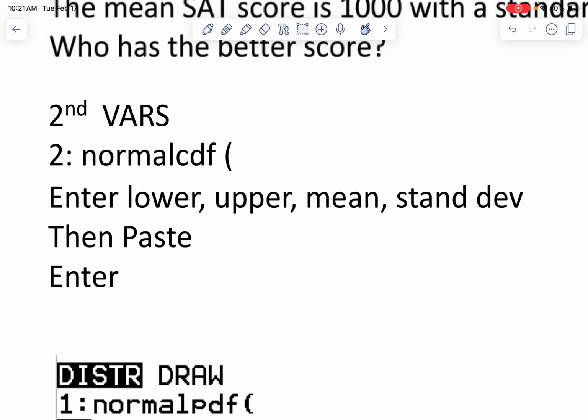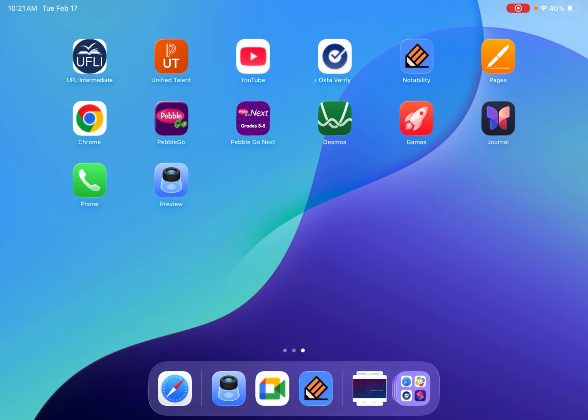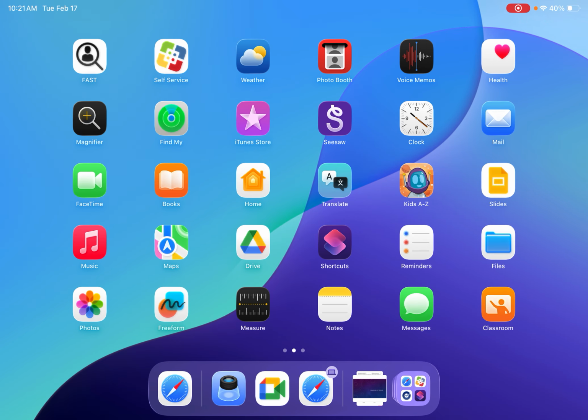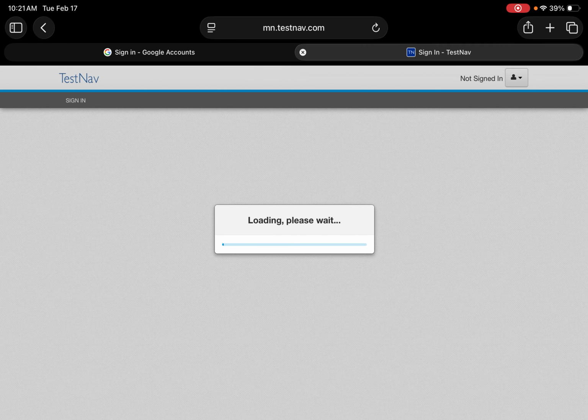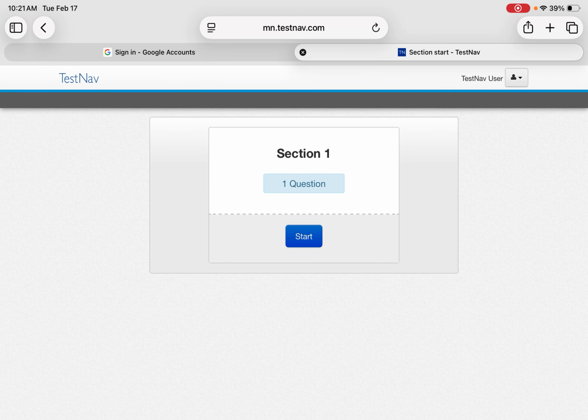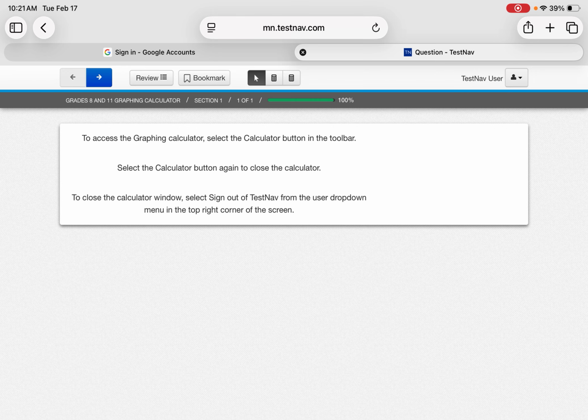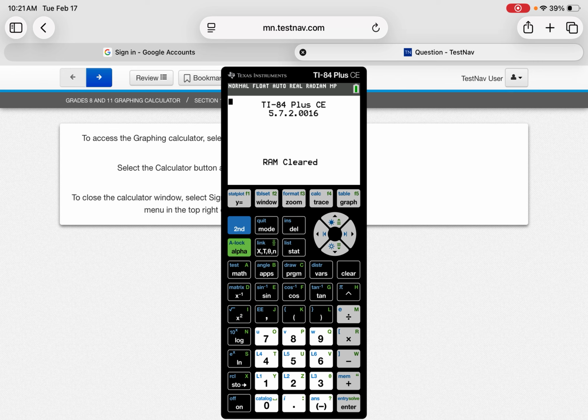So I'm going to pull up our calculator. Let's just get rid of some of these. Okay. All right, so now you can do this on Desmos too, but we're going to use just our TI-84s to do this.